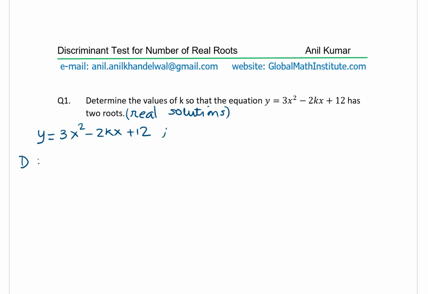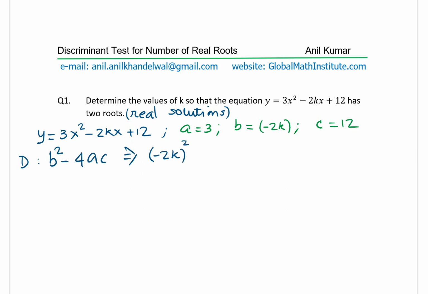Let me write down the values a, b, and c. a is 3, the coefficient of x squared. b is the coefficient of x, which is minus 2k, and c is the constant term, which is 12. So the discriminant, b squared minus 4ac, can be written as (minus 2k) squared minus 4 times 3 times 12.